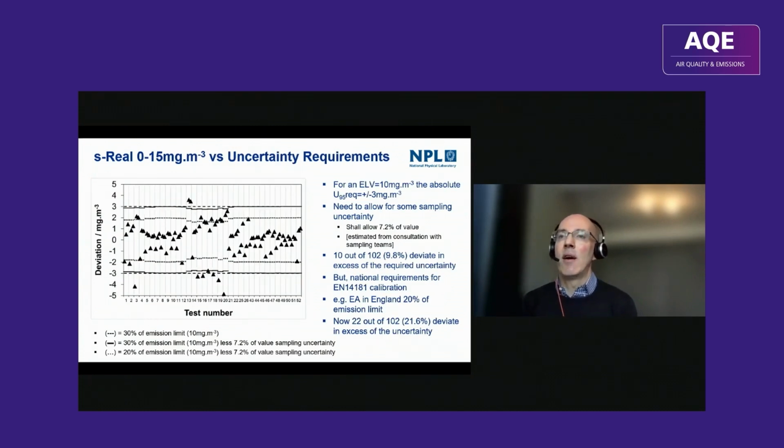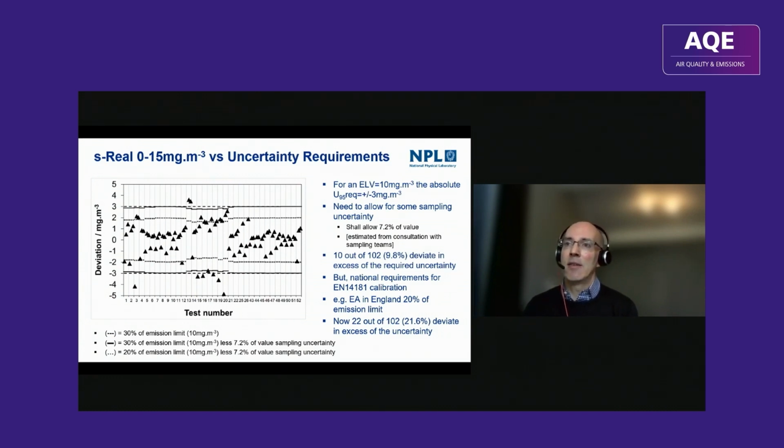So here I've replotted those simulated real samples, but I've used all the measurements that were across a 0 to 15 milligram range. As you would probably have guessed, on a waste incinerator, the limit value is often 10 milligrams. You have a 1.5 multiplier rule for the measurement range, hence the 0 to 15.